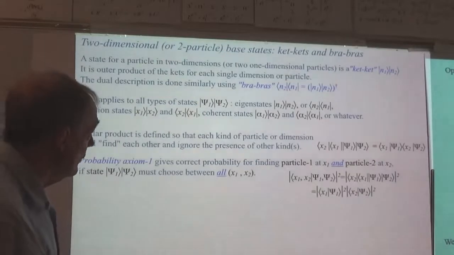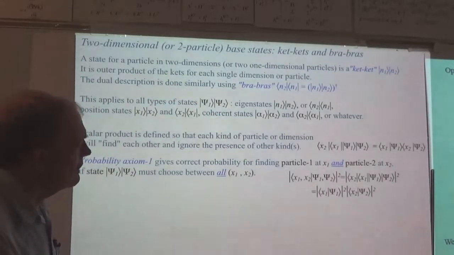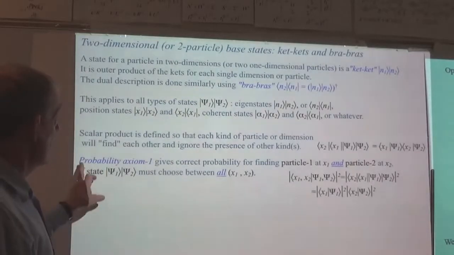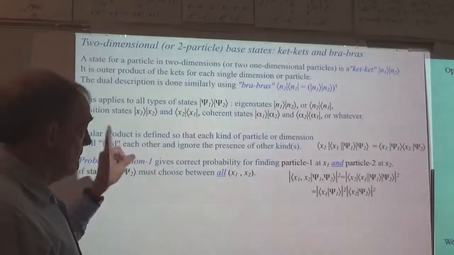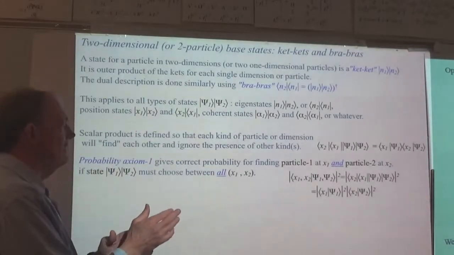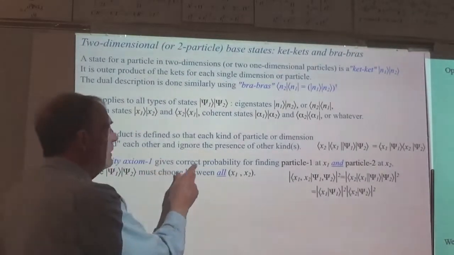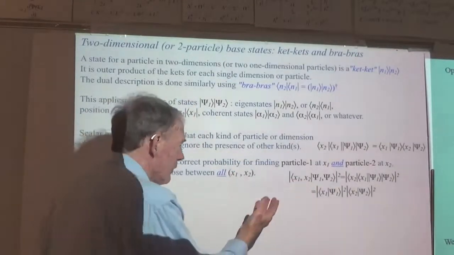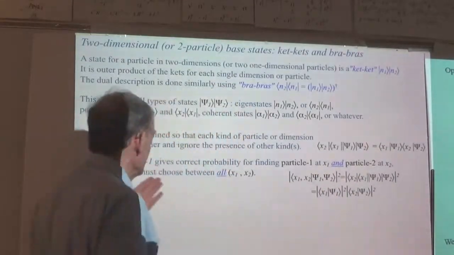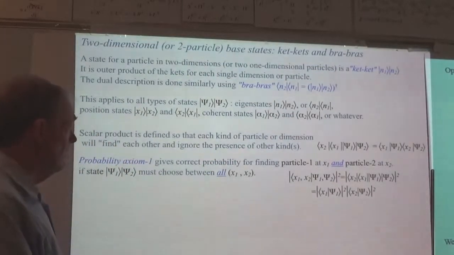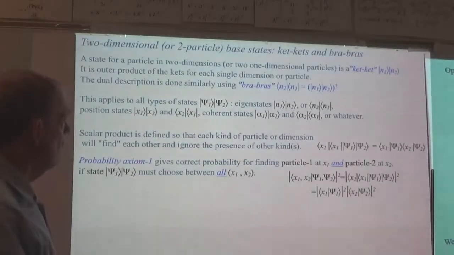So we're trying to settle the bookkeeping and the notation for a few slides here. And the probability axiom that we hold dear in quantum mechanics has to give the correct probability, Bayesian probability, for these two particles doing whatever state, psi 1 and psi 2, they might be involved in.